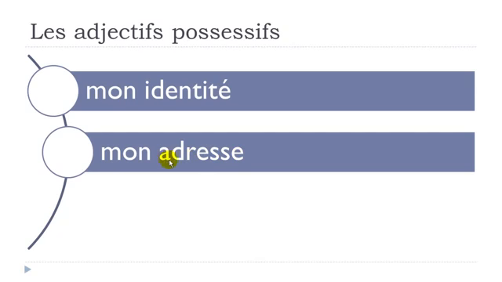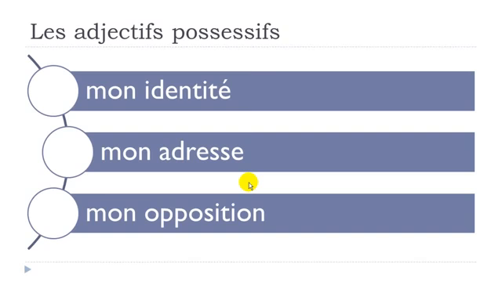You can hear now this little link, so you get to pronounce this n, mon adresse. And the last one I took, same thing, opposition, basically feminine, but it starts with the o, mon opposition, you make this link. Mon opposition. So let's repeat it one more time. Mon identité, mon adresse, mon opposition.